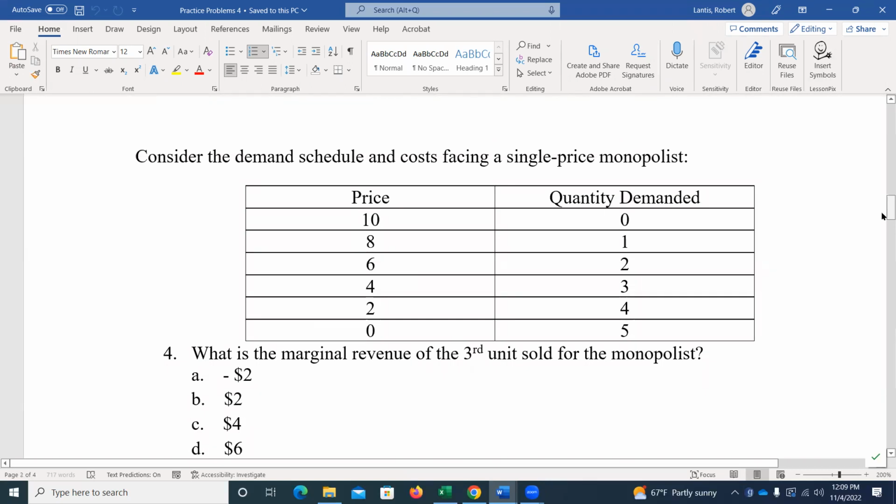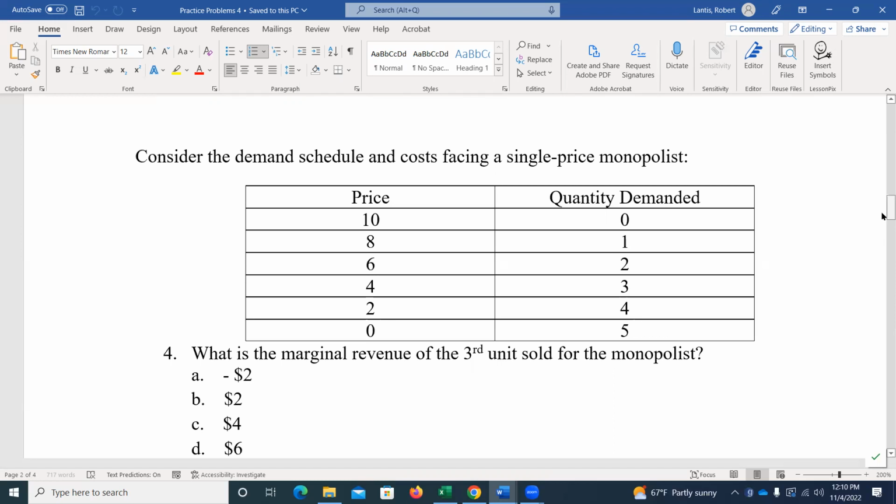Okay. So, I'm going to come up with a table. So let's say that we have this price quantity combination that represents our demand. So maybe this is something like 0, 10, 20, 30, 40, 50.